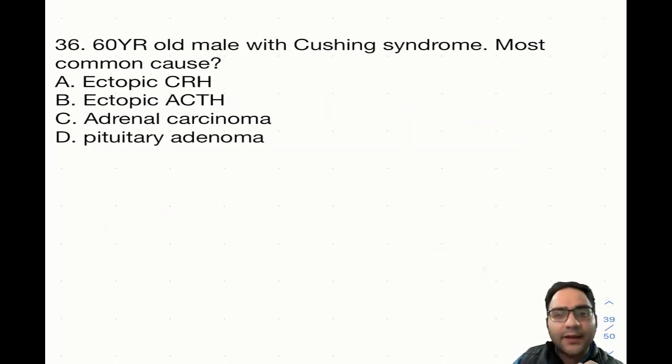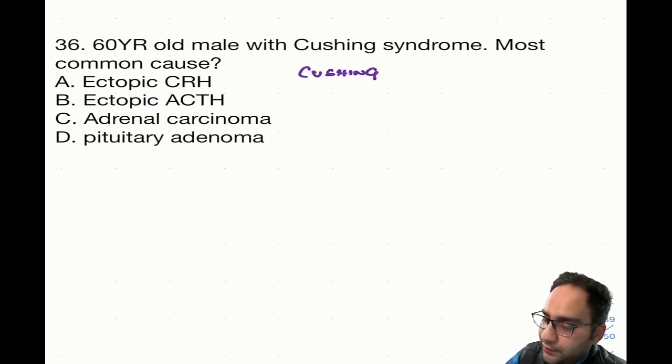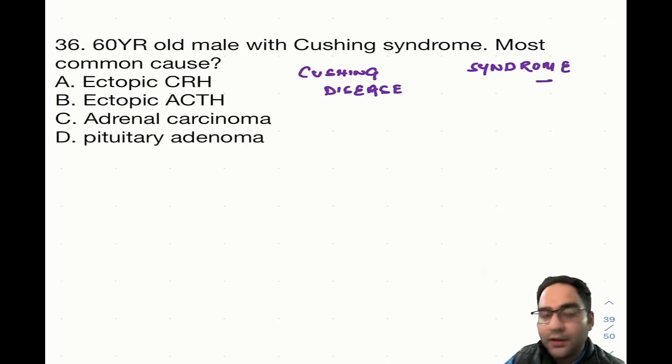So moving to the next question. Now you are asked, a 60-year-old male is having Cushing syndrome. So what is the most common cause? First, you need to differentiate what is a Cushing disease and what is a syndrome. So Cushing disease is basically part of the Cushing syndrome.